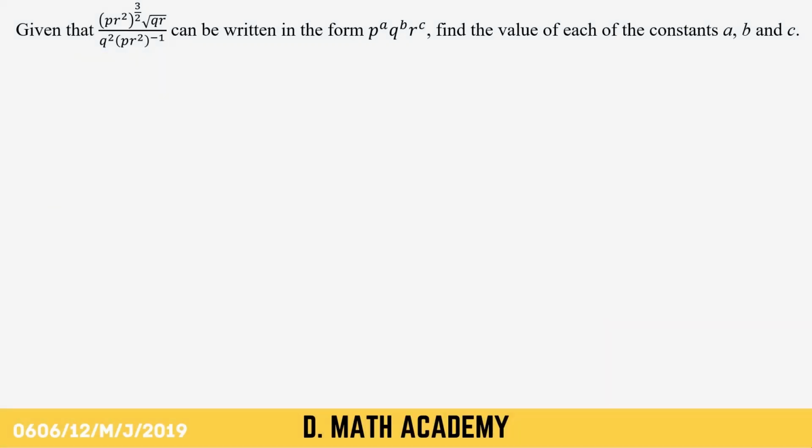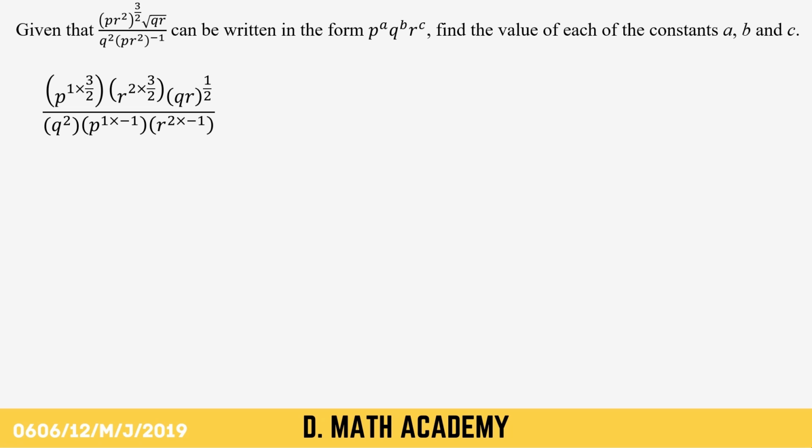To make this possible, you need to make your arrangement step by step. The first thing, I took 3 over 2, multiply into all the variables inside the bracket. When you see p, this single variable here, they didn't mention the power, which means that the power of it is 1.